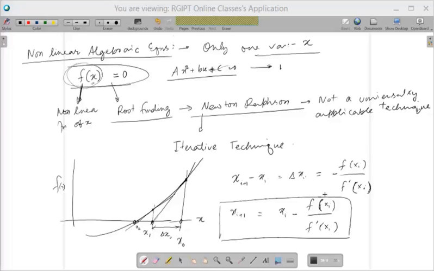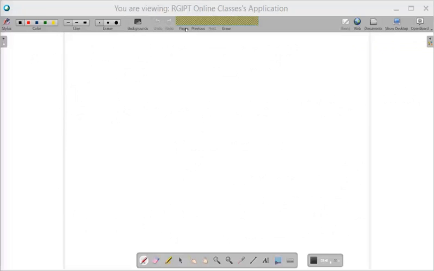All right. Starting with some guessed value x0, you should be able to find the x which satisfies this condition. So far so good, but now the question is, what do you do if I have more than one variable?